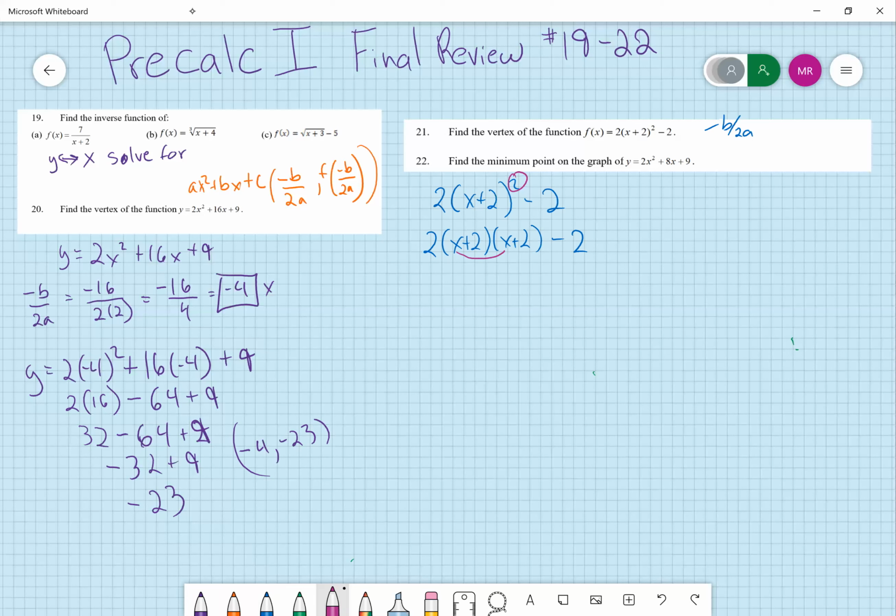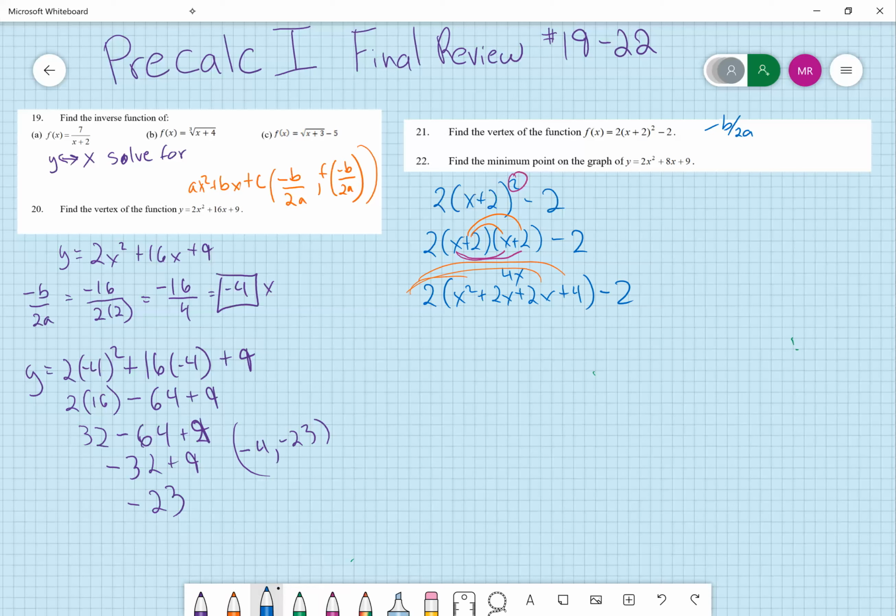So we're going to FOIL our x times x to get x squared, and then our 2 times x and 2 times 2. So we get 2 times x squared plus 2x plus 2x plus 4, minus 2. Now we want to simplify this to 4x, and we're going to distribute this 2 through.